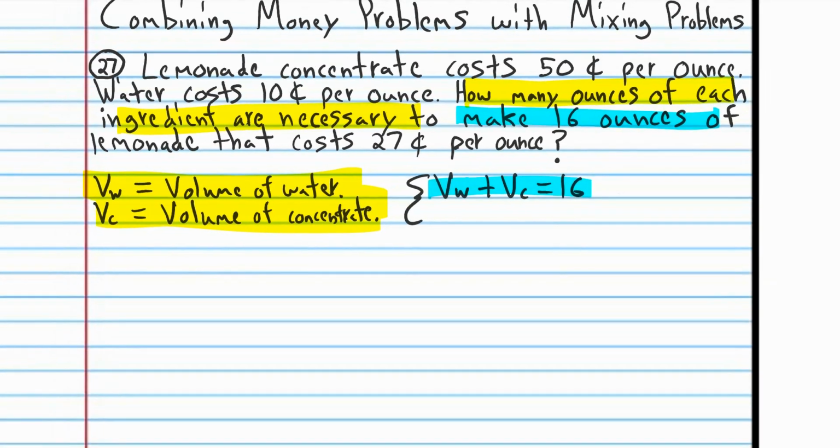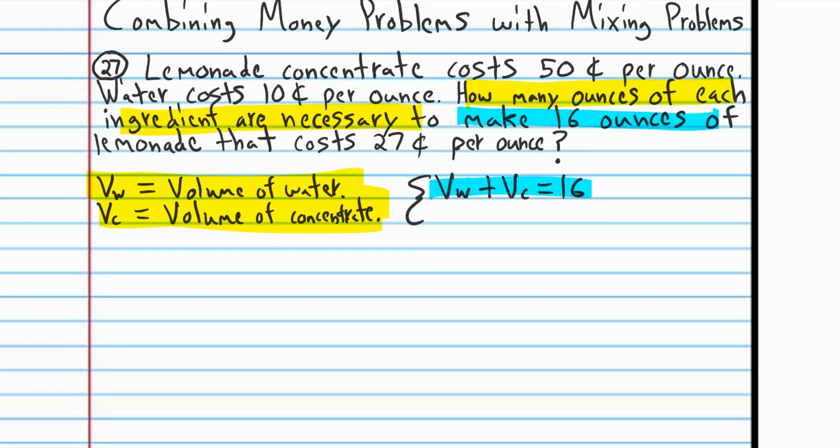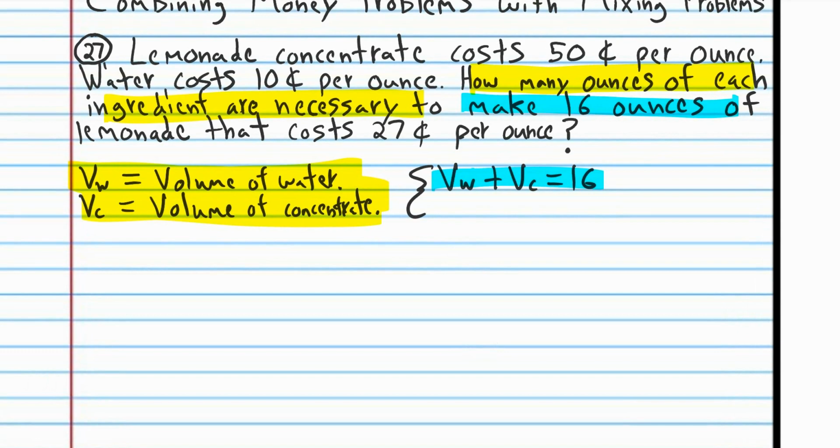And for the other equation, we have the same situation, but now we're dealing with money. So this next equation is not going to be the same thing as the other problems. This is just volume of the combination of the two substances. It's a volume. But this equation is going to be about money.